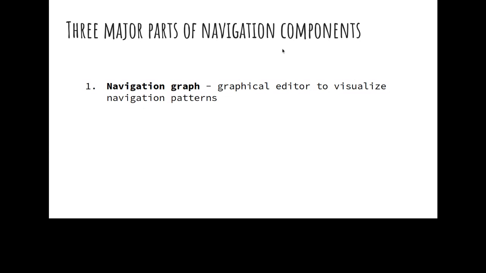It's like a map, so that you can easily create directions to certain fragments, and you can easily drag and drop, click and drag to create paths to certain fragments or activities.